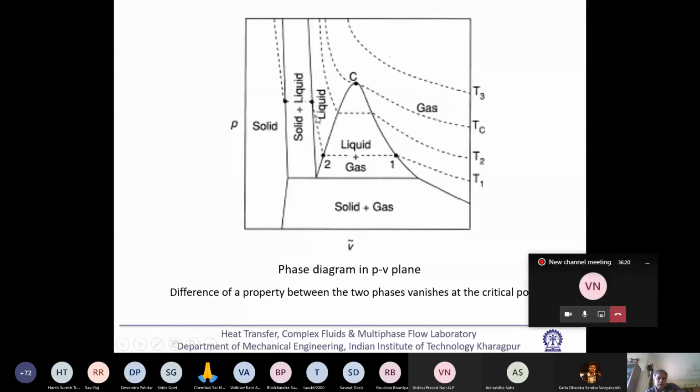If we reduce the pressure, at one point it will become liquid, and then it will enter the two-phase dome. Within the two-phase dome, if the pressure remains constant, temperature will also remain constant, and here it will become saturated vapor. So here it is saturated liquid, here it is saturated vapor.